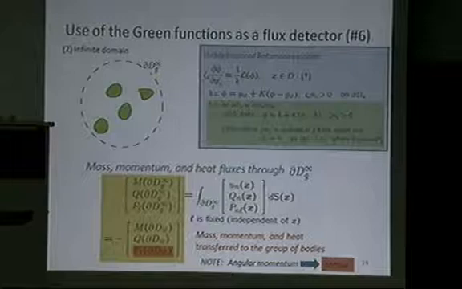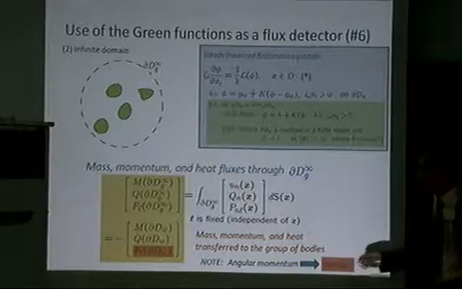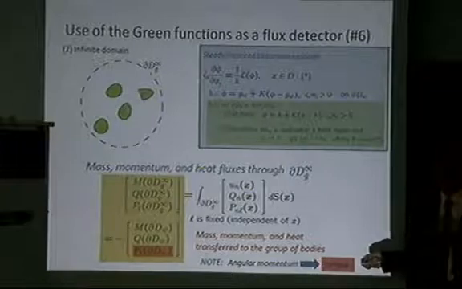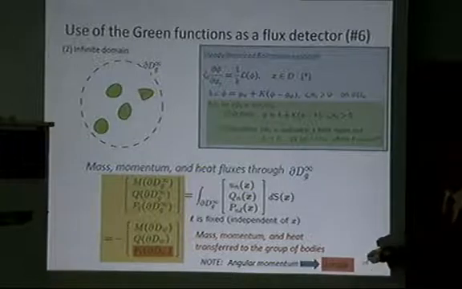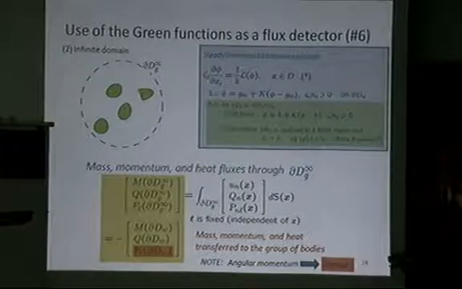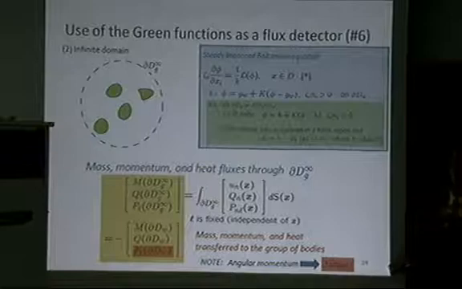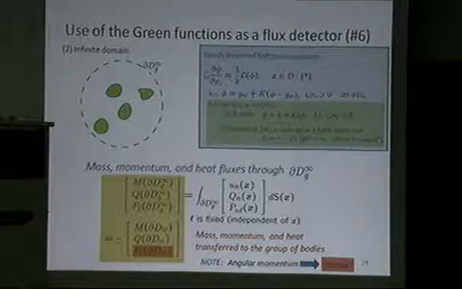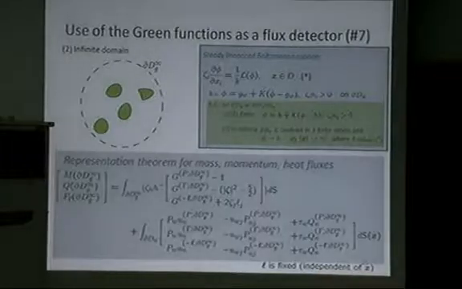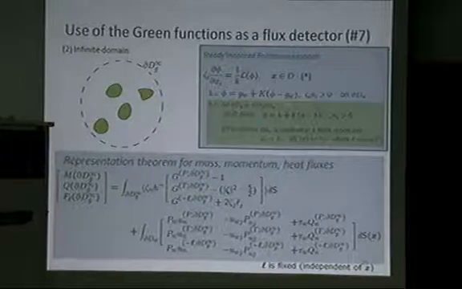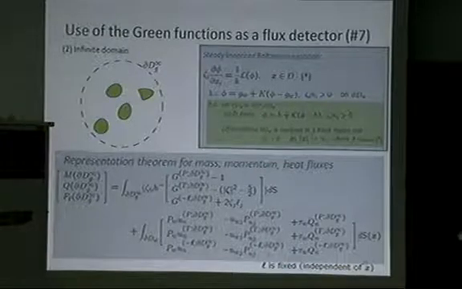This is useful, especially when you are interested in the force acting on a group of bodies, or on only one body. So in that sense, this conservation law is very convenient for engineering purposes. So the mass flux, heat flux, and the force acting on this surface can be obtained in this way.